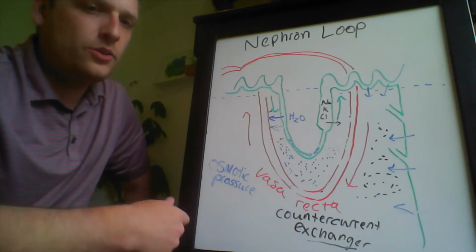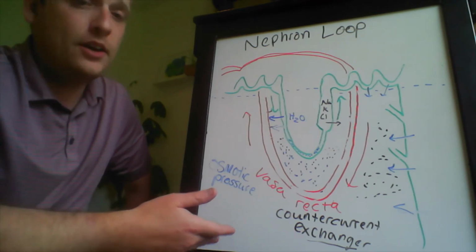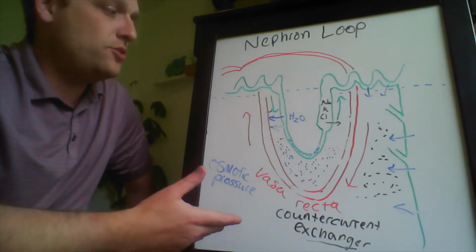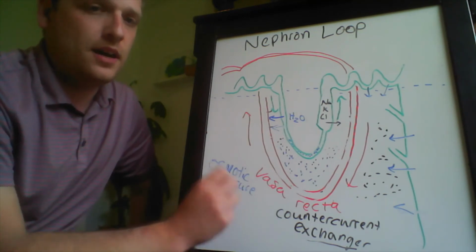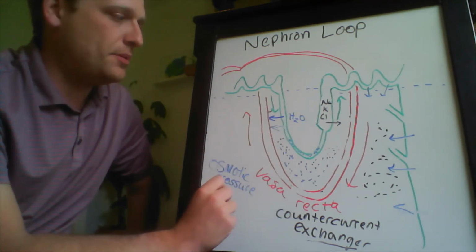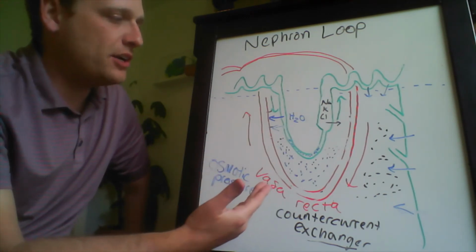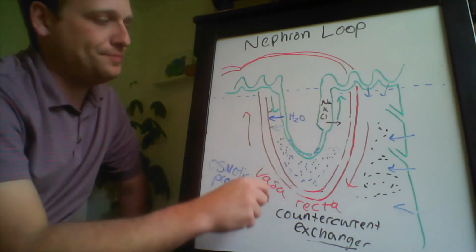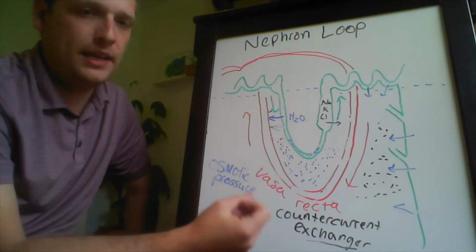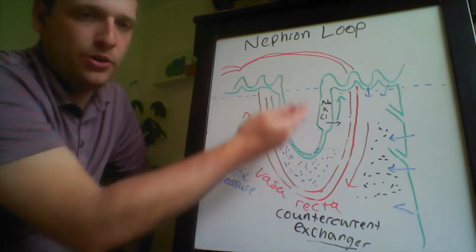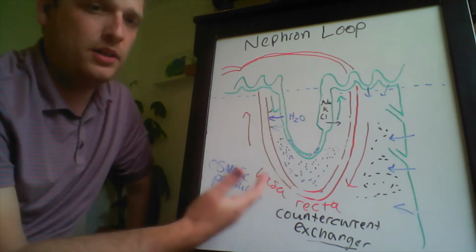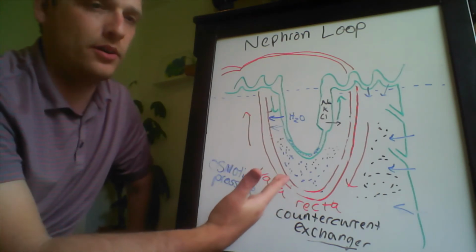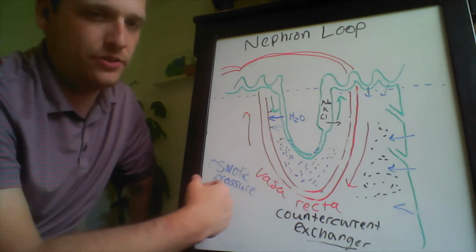So I'd like to also take a minute to talk about another mechanism that's used to preserve this osmotic gradient that we've set up. So again, the osmotic gradient being those electrolytes that are being pumped out here are accumulating, and the deeper you go in the renal medulla, the more salty the environment is, the more electrolytes are found in the interstitial fluid.